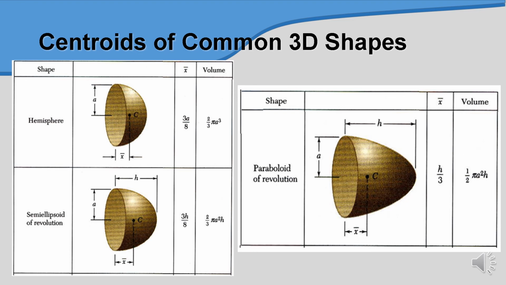So we will have the x bar value, but the y bar value is basically 0, and the z axis is also 0. That's why you see only the x bar. So if you encounter a shape in 3D, you can use these common shapes and apply this formula.